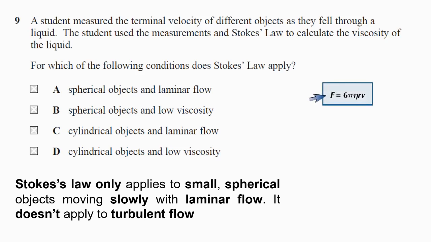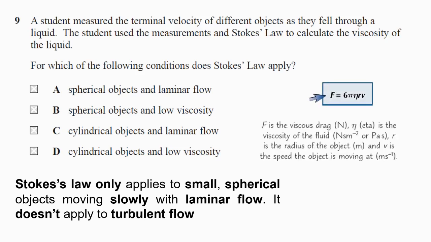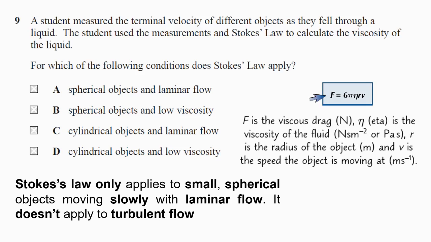Then what about the Stokes law? The drag force or resistive force F is equal to 6 pi eta r into V, where F is the viscous drag force and eta is the viscosity of the fluid. And r is the radius of the object. Since we consider the object as a spherical body, the only dimension required is the radius of the object, and V is the speed of the object moving.